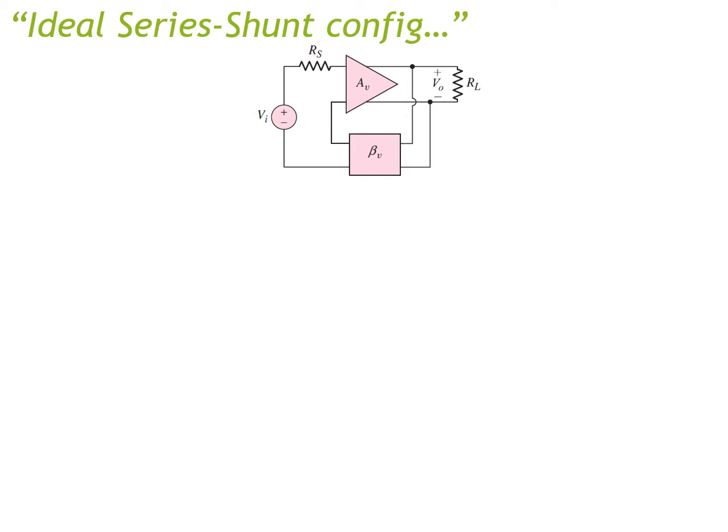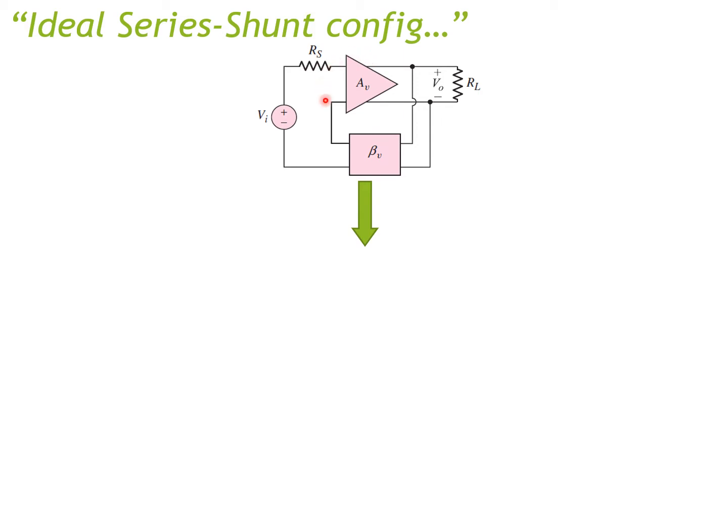So in this lecture, we will focus on the series shunt configuration. With the series shunt configuration, you can see that we have two two-port networks. The first two-port network is here, the second two-port network is here.